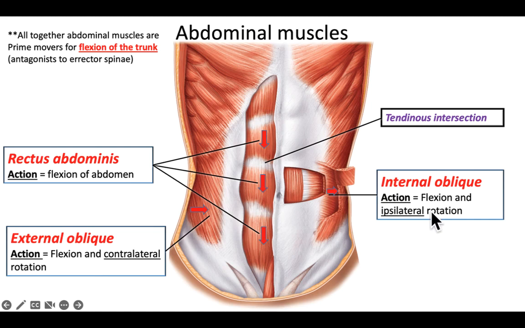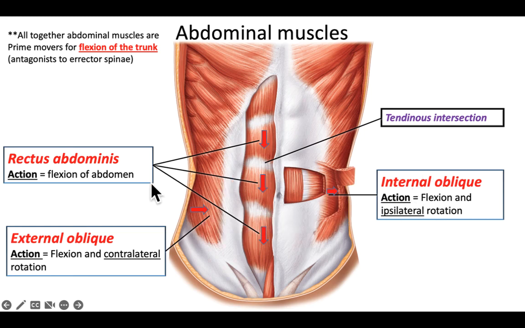So again, when you rotate to the left, you're going to use your right external and your left internal. And that's how you rotate. They're also going to help when you flex. So notice when you flex, when you do sit-ups or bend over and tie your shoes, you're using all three of these muscles. But you're only using your obliques when you're rotating side to side.